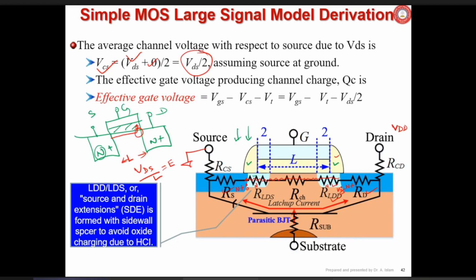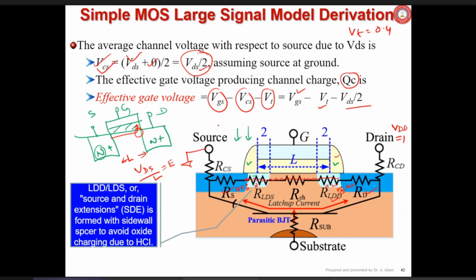Next point is the effective gate voltage producing channel charge QC. What is that? VGS minus VCS, which we got now, minus VT. That is VGS minus VT minus VDS by 2, because VCS we have got as VDS by 2. Now, in our case we are taking VT equal to 0.4 volt and VDD equal to 1 volt.